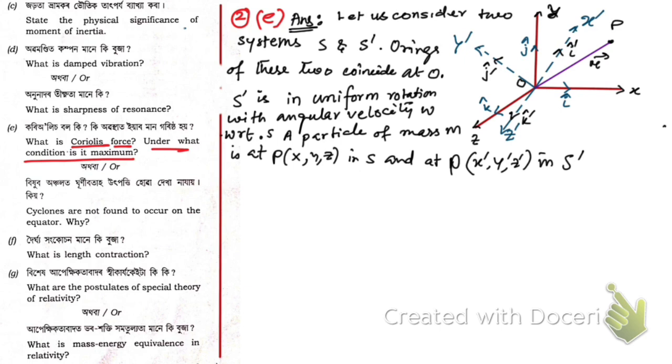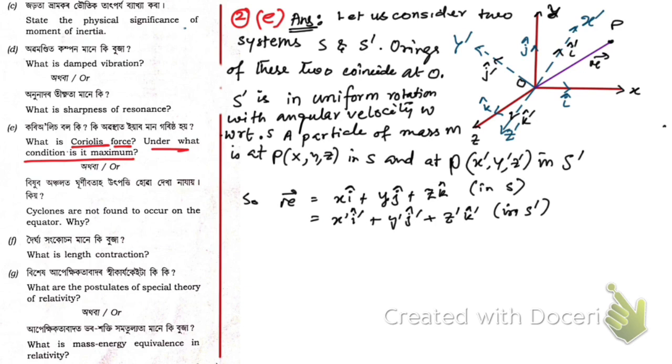And its coordinate in S dash is this, right? So we have considered this one. So that's why we have got the position vector in S and S dash. These were the position vectors, right?